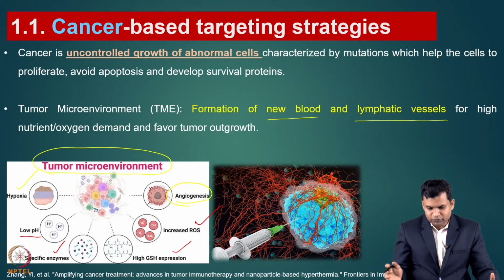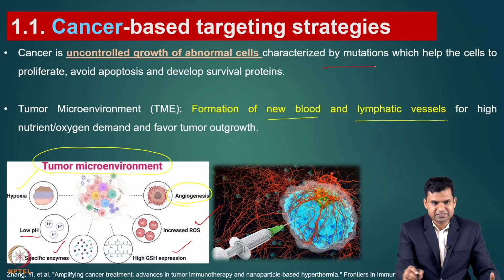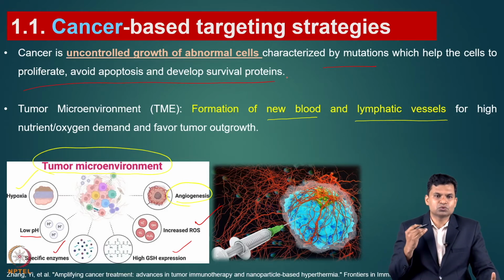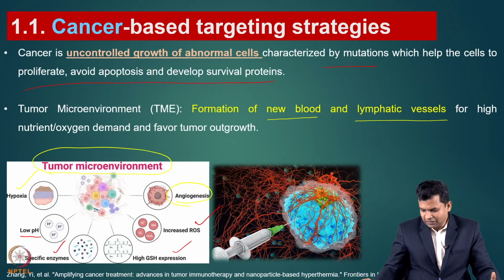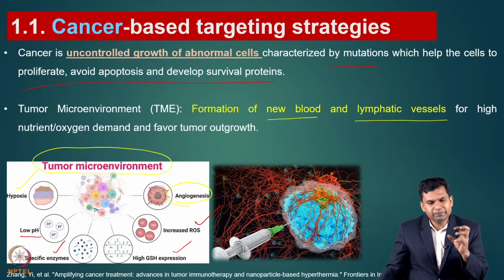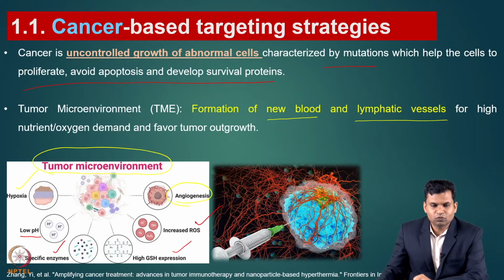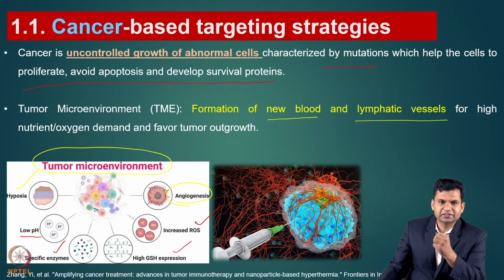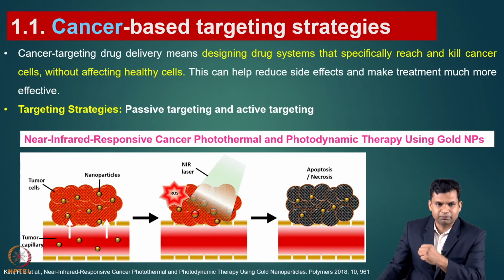Whatever changes happen because of the mutations in the cells help the cells to grow, to survive and also to invade the body. So, scientists have targeted the cancer using various approaches.